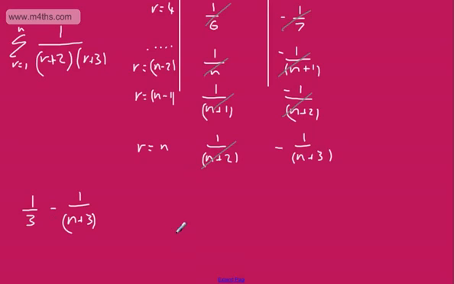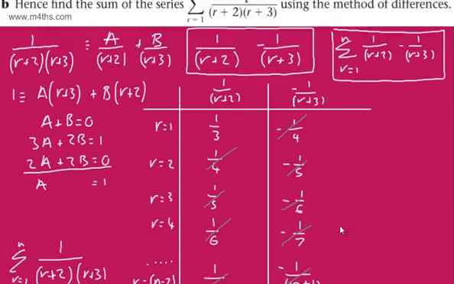So the common denominator will be 3 times n plus 3. And on top, we will get n plus 3, and then minus 3, which leads us to our final answer of n over 3 times n plus 3. So the sum from r equals 1 to n of 1 over r plus 2, r plus 3 is given as n over 3(n plus 3), by the method of differences.